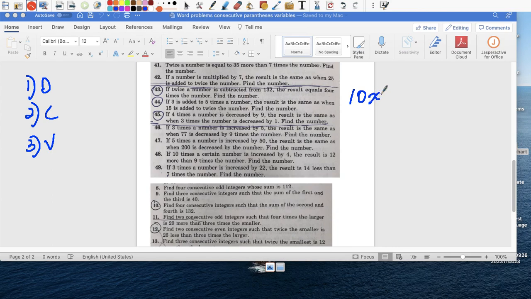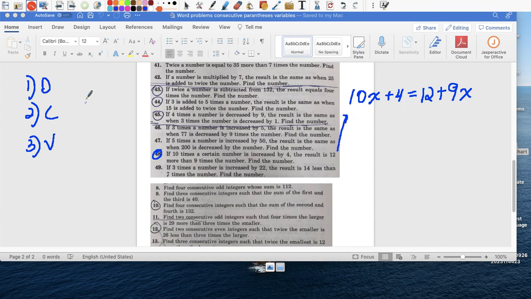So if 10 times the number is increased by 4, increase means plus 4, the result, or equals, is 12 more than, which is addition, 12 more than 9 times that same number, which we called x. And there is this whole 48 translated to an equation.